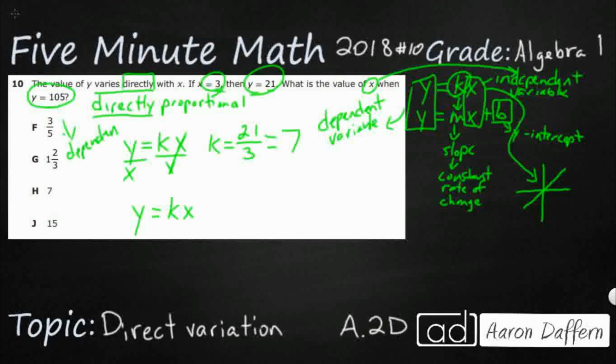That just means we have an extra step over here. I'm going to substitute in this y for the 105. We determined that the k is 7, and it's 7x. As you can see, we're close. We only have one more step. We need to divide both sides by 7, and then we will get our x.